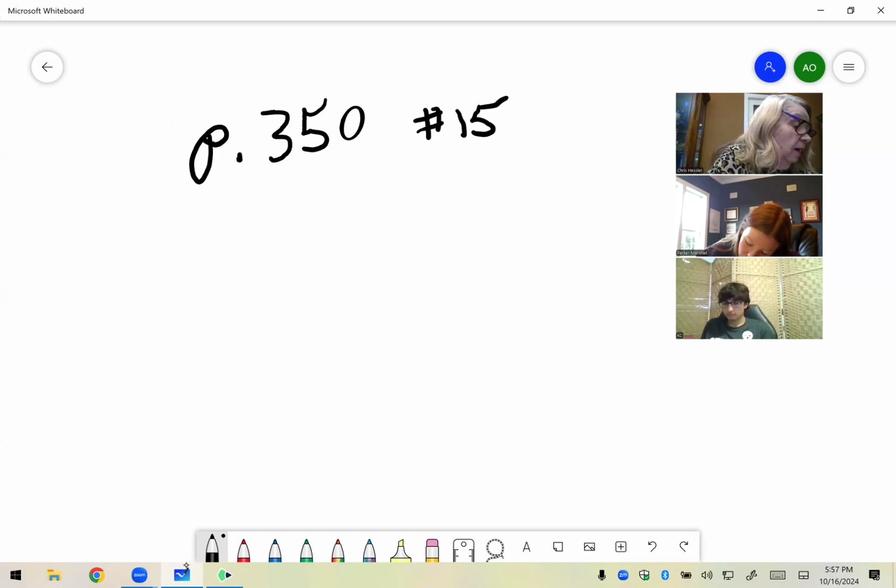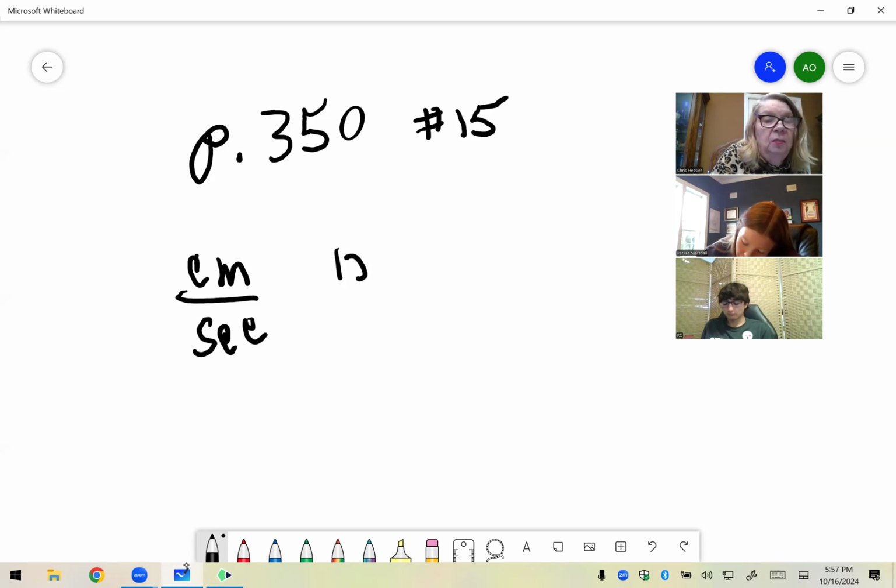Okay, an object travels at 12 centimeters per second. So we're going to do centimeters per second. That just takes 2 seconds. So 12 centimeters is 1 second. We want to go 108 centimeters, and we know to put that up here.